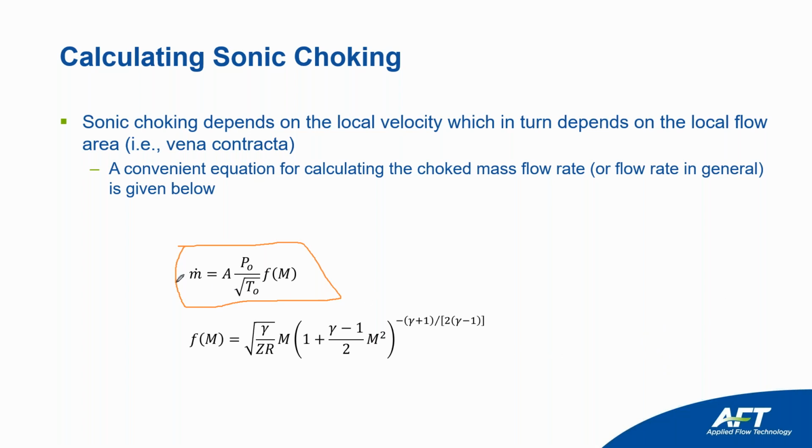And as you can see, the mass flow rate is a function of the Mach number, as well as the specific heat ratio, which in simplified terms is the C sub P over C sub V value. And so that's our choked mass flow rate, and your choked mass flow rate can be calculated directly.